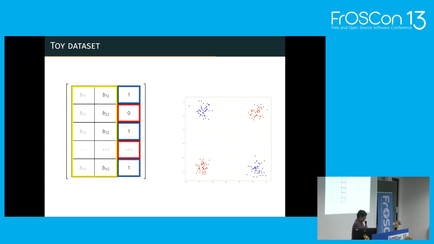So what we need is two layers in order to draw another line.